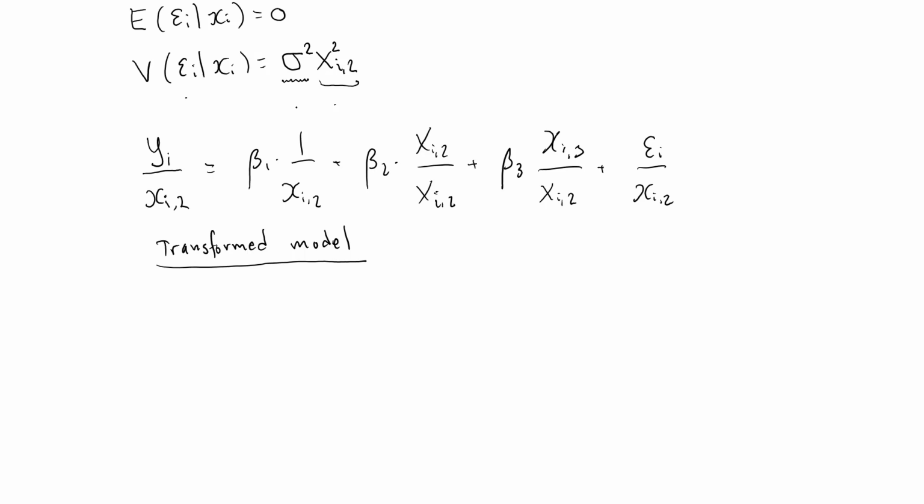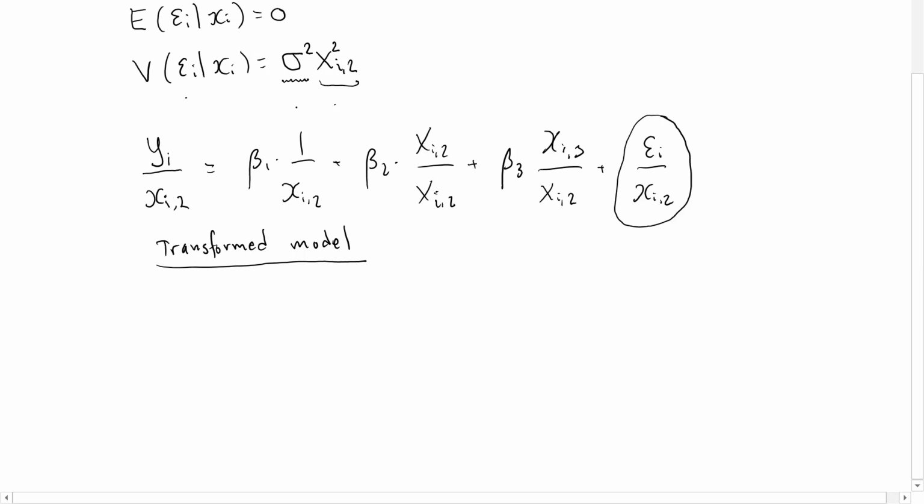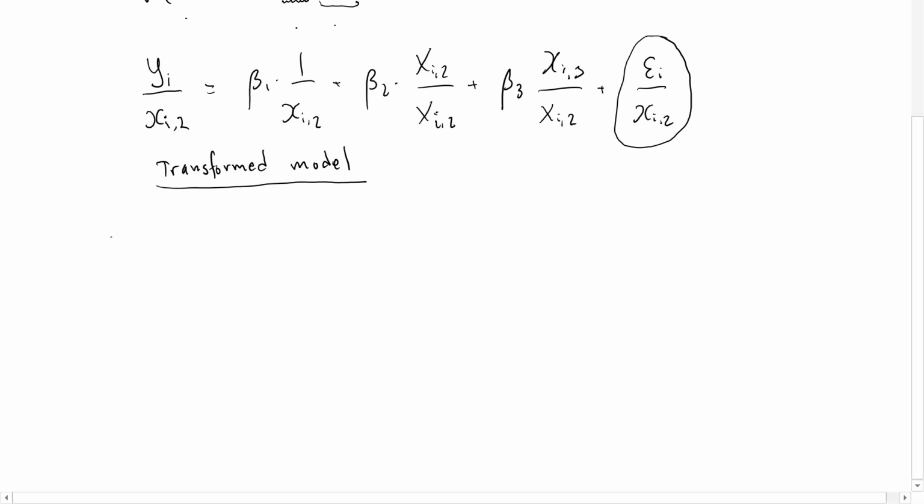So the good question now is why? Why would I divide both sides by xi2? Well, the error term of the transformed model is this one, epsilon i over xi2. So let's check out the properties of this one. First of all, we see that the expected value of the error term of the transformed model, this one just goes outside because it's conditional on xi, so we can treat that as a constant.